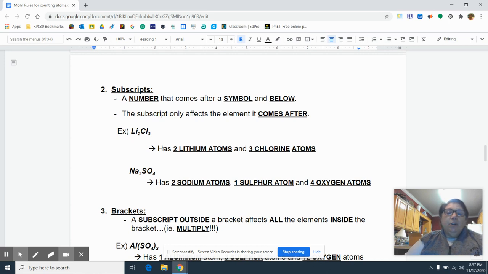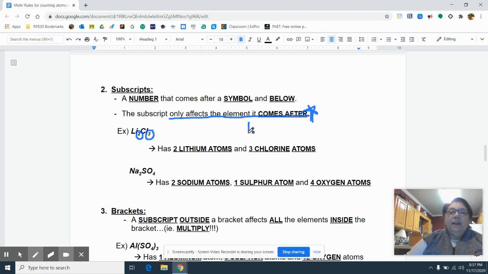We also have numbers that are down here and right here. That's what we call a subscript. And it's a number that comes after a symbol and below. And I want to make a star right here because it's very important. The subscript only affects the element it comes after. Only that one.